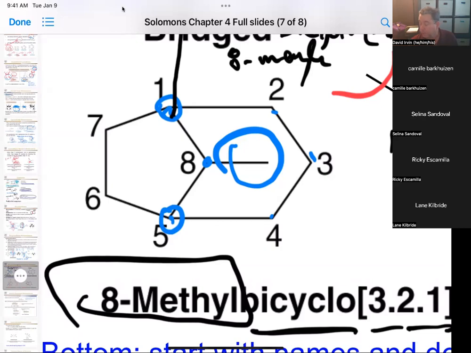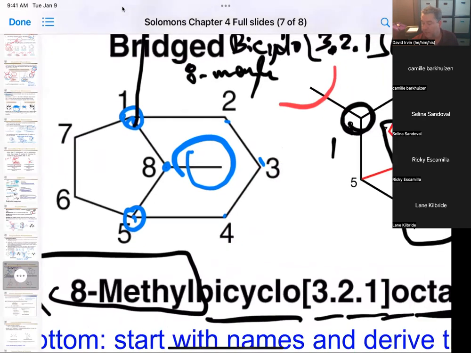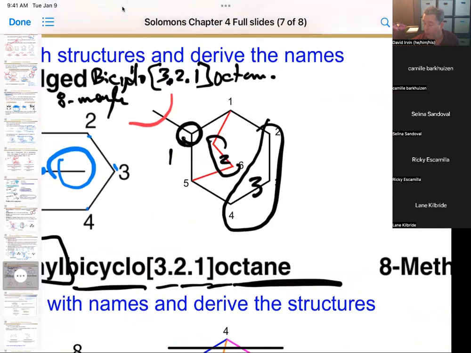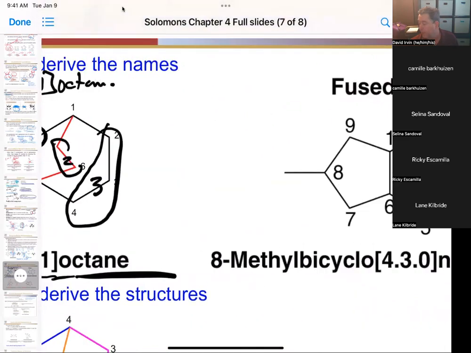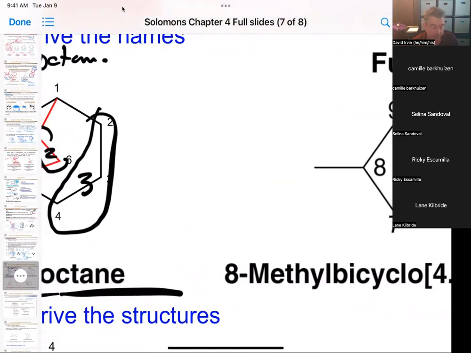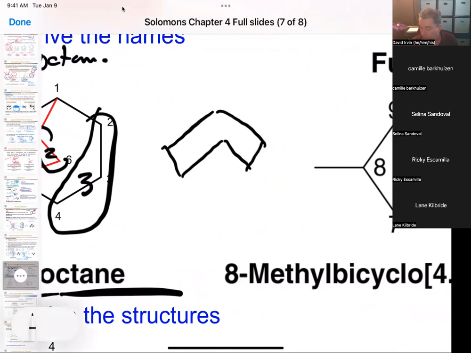All right. Now notice there's a couple different ways we can draw this. We can draw it in this really elongated fashion, or in this fashion, or there's even a 3-dimensional version. Let's go ahead and erase that one.